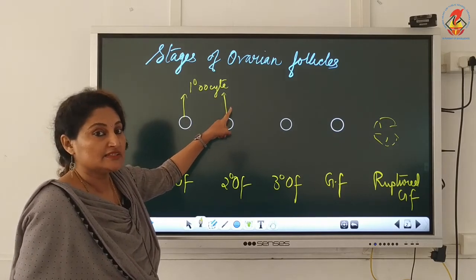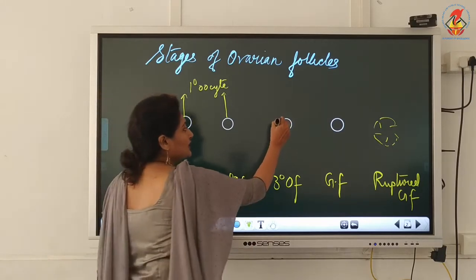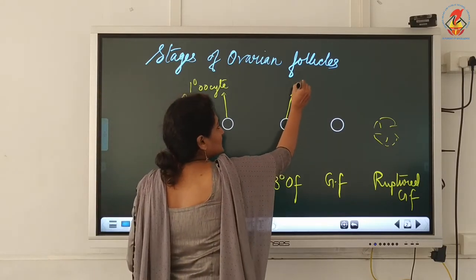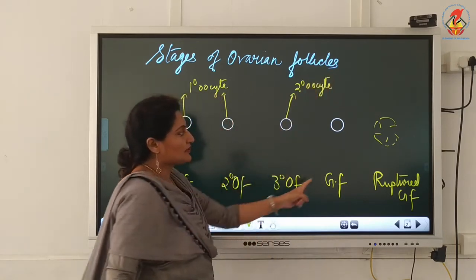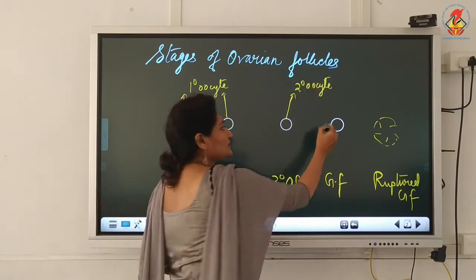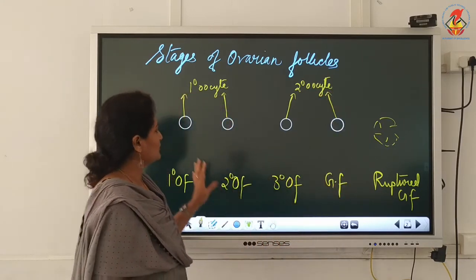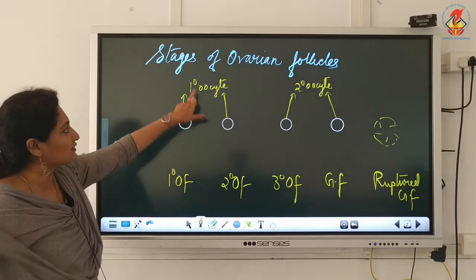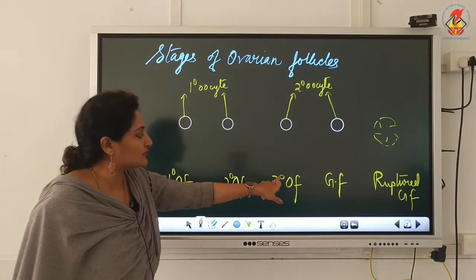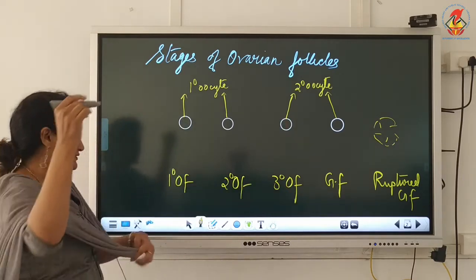It underwent the first meiotic division to form the secondary oocyte. Now it is referred to as secondary oocyte. Similarly, in the Graafian follicle, what is the sphere indicating? Secondary oocyte. So when you analyze it, the oocyte of primary and secondary follicles is primary oocyte, and the oocyte of tertiary and Graafian follicle is the secondary oocyte.